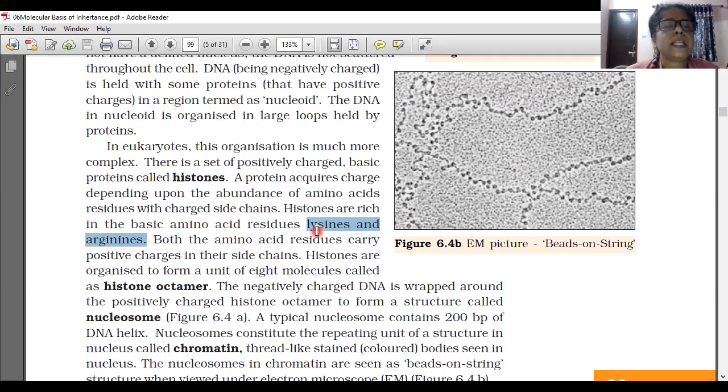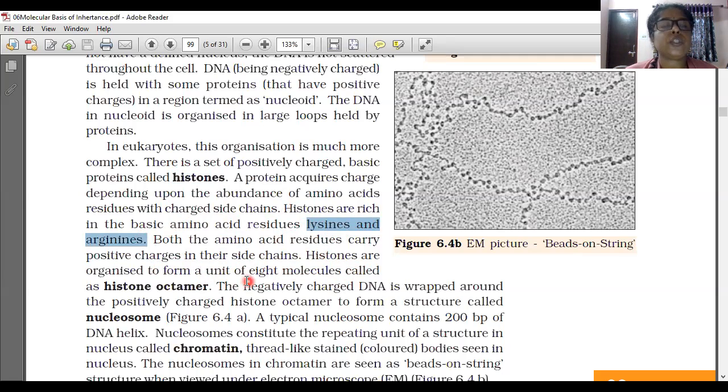Lysine and arginine are both positively charged amino acids, so histones get a positive charge. Both amino acid residues carry positive charges in their side chains.